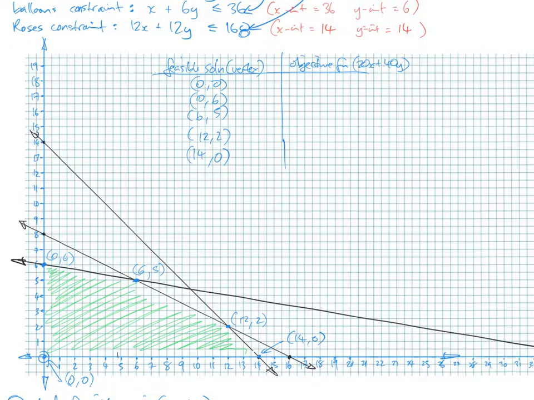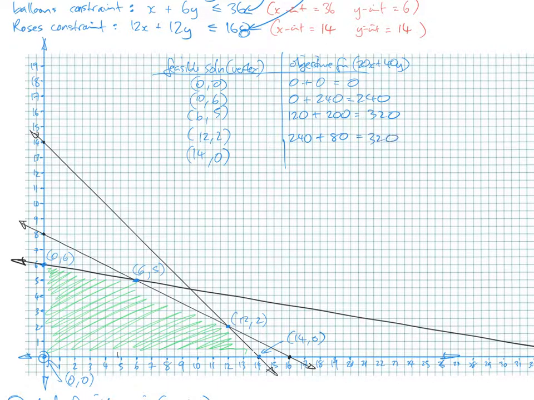And now we find the results of the objective function on the right hand side. 0 times 20 is 0, plus 0 times 40 is 0, equal to 0. 0 times 20 is 0, plus 40 times 6 is 240, equals 240. 6 times 20 is 120, plus 5 times 40 is 200, which is 320. 12 times 20 is 240, plus 2 times 40 is 80.